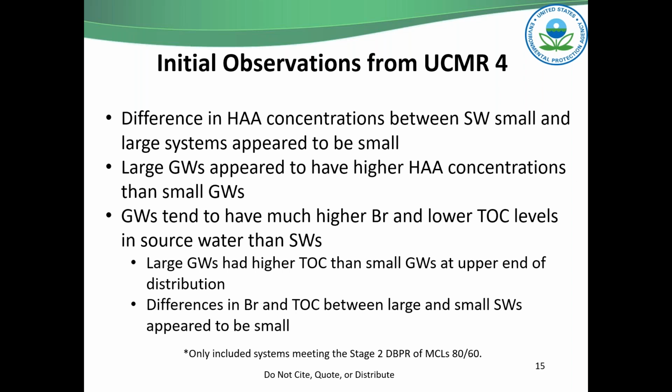And this, we think, relates to the last sub-bullet, where large groundwater systems tend to have higher TOC than small groundwater systems. And this, we think, relates to the yields.